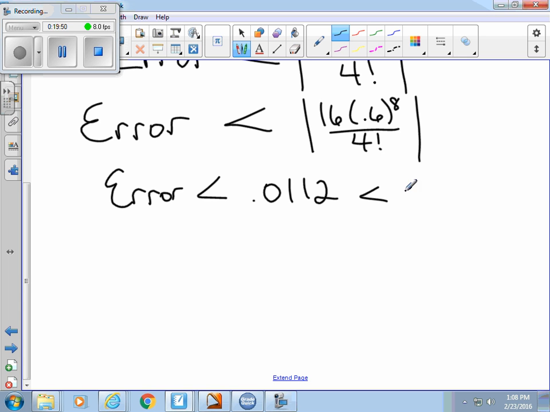Is that less than 0.02? Yes. That is how you use the alternating series error bound. So anytime I'm using these four terms on an interval from negative 0.6 to 0.6, my error is less than 0.0112 for that alternating series.